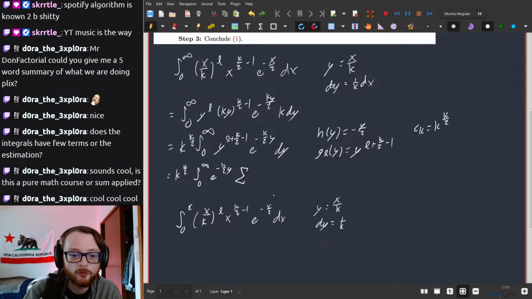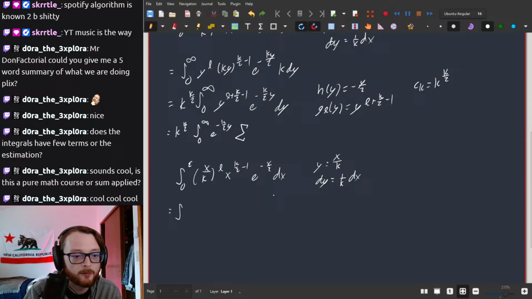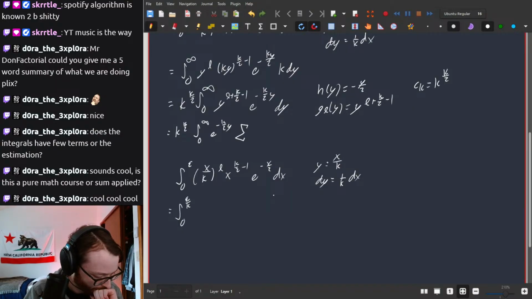And that kind of matches what we did in the proof for Watson's lemma. So if x is 0, y is still 0. If x is epsilon, y is epsilon over k. Is that right? Should be fine.